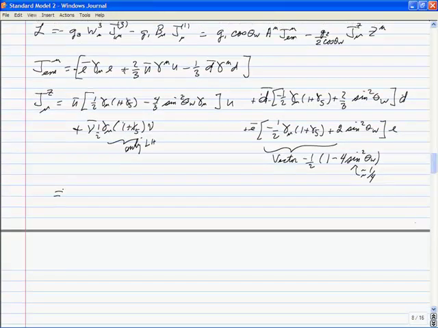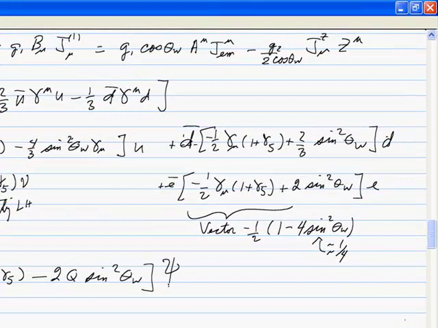Okay, the general formula here is chi bar tau 3 gamma mu (1 plus gamma 5) minus 2q sine squared of the weak mixing angle. So all these features that I've just been writing out: tau 3 is either plus or minus a half, and the charges are just like that.